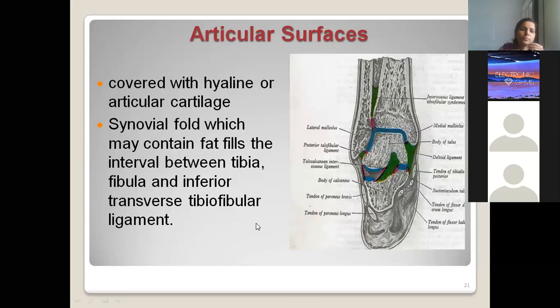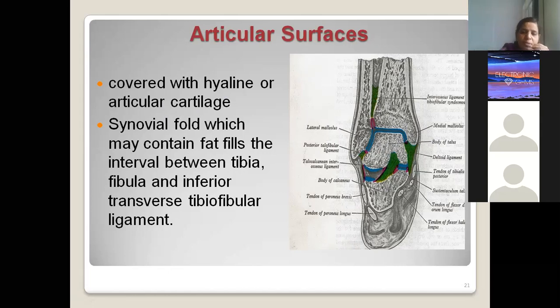Then already I have shown you articular surfaces when we were doing osteology also. Inferior aspect of the tibia is covered with hyaline cartilage. Superior surface of talus is also covered with hyaline cartilage. And of course, because it's a joint, the margins of these bones will be covered with the fibrous capsule. Interior of the fibrous capsule will be having the synovial membrane.